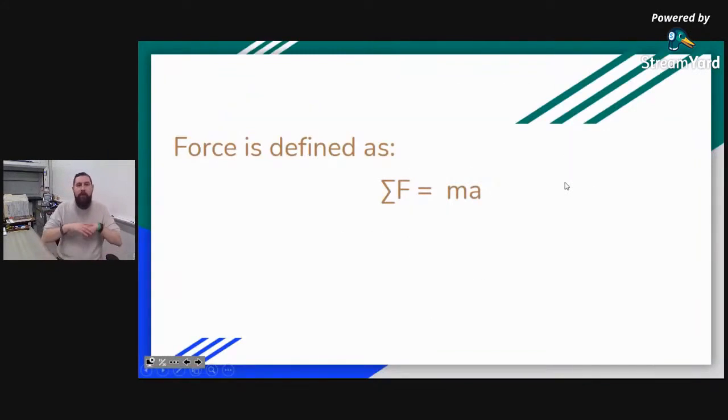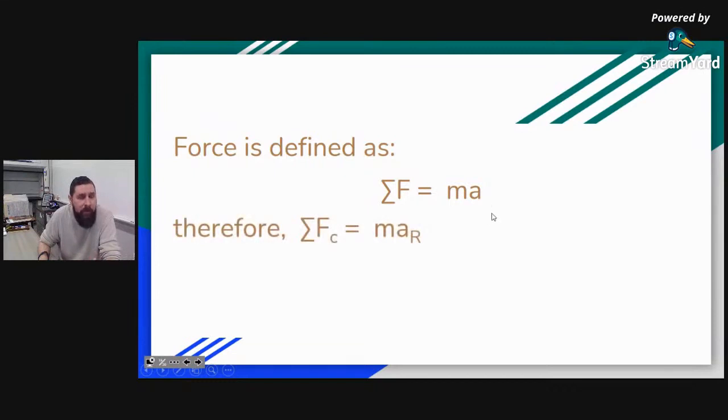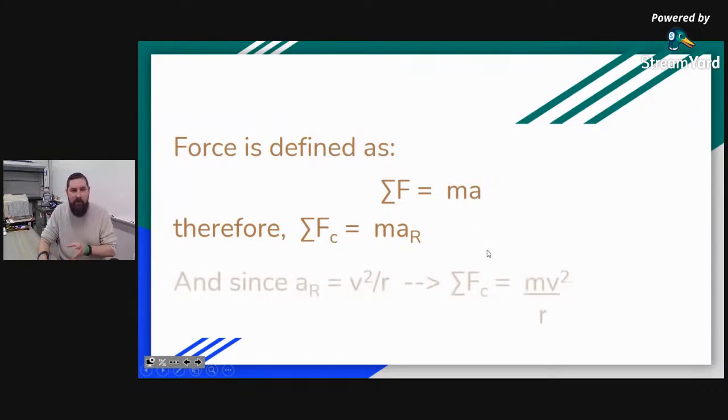So moving onwards, back to kinematics. How do we actually calculate this centripetal force? Well, we start with our basic equation that net force is equal to mass times acceleration. If our acceleration is centripetal, or radial acceleration, then net force centripetal equals mass times radial acceleration.